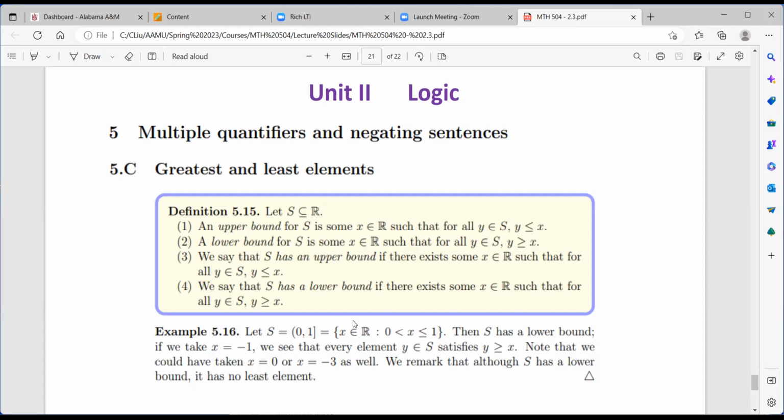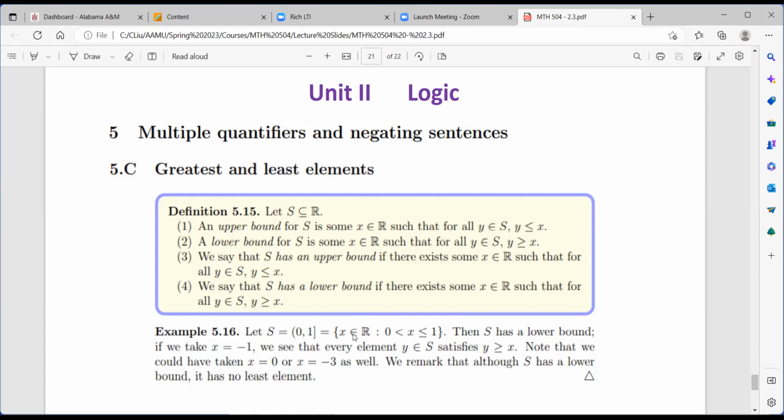If you say 0.1, then you can find 0.01 less than 0.1. So 0.1 is not a least element. Similarly, 0.01 is not, and you cannot find the least element in this set, right?